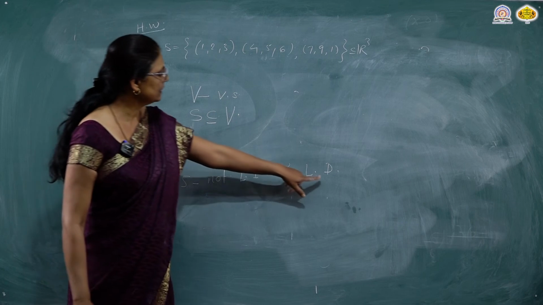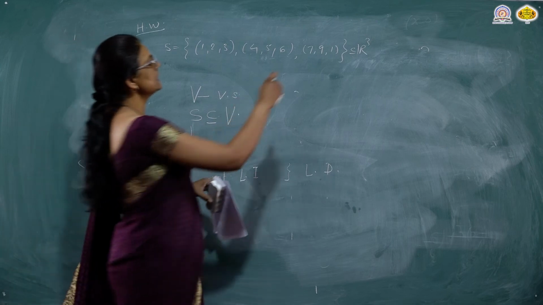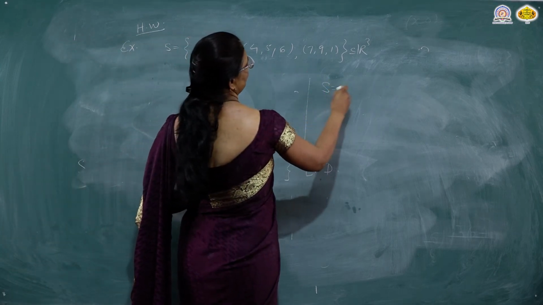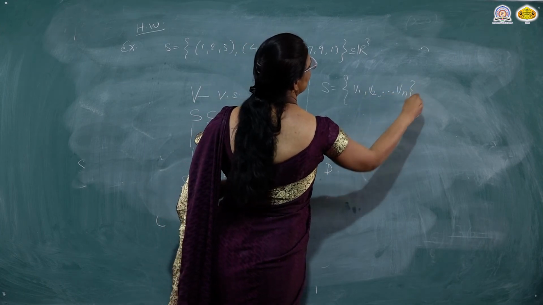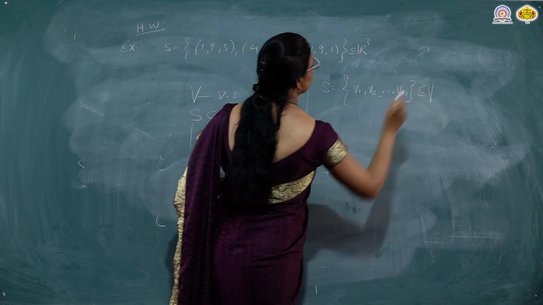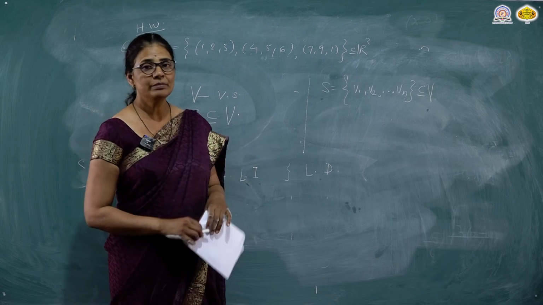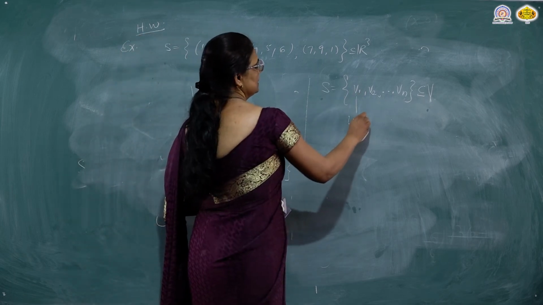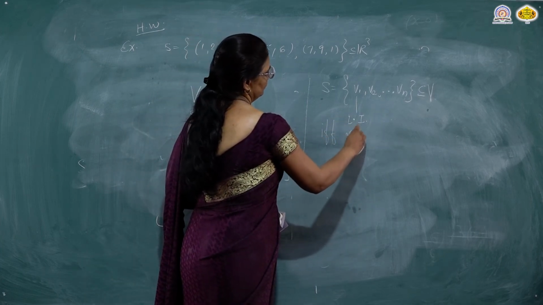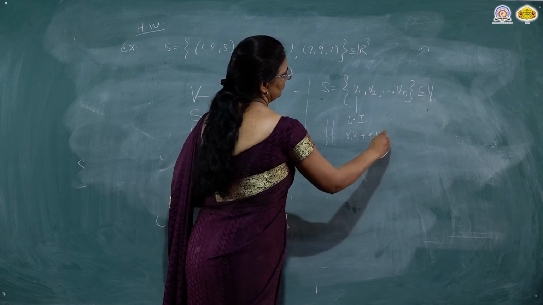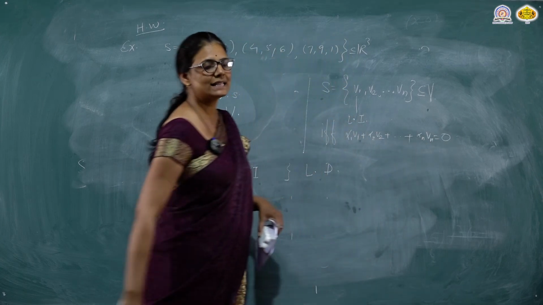Now there is one theorem related to it. V is a vector space, S is a subset of V. This set is linearly independent if and only if this equation has a trivial solution.